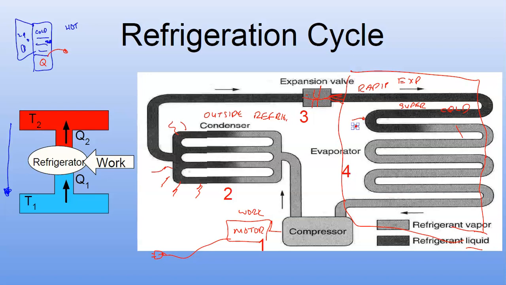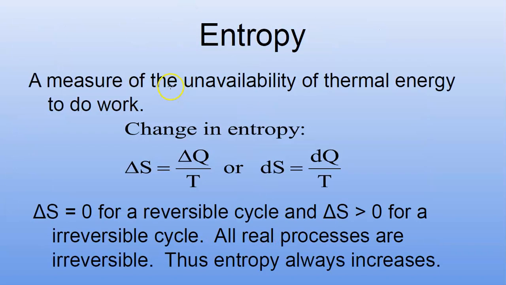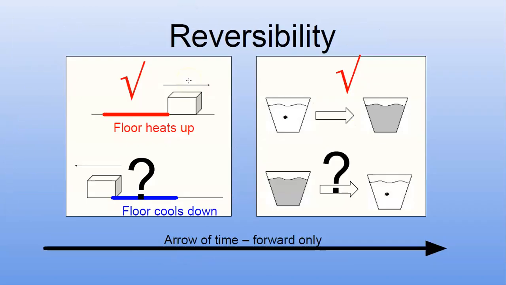I have a couple of things that you probably should see. Let me tell you just real quick about reversibility. You know that if you do some work on a box, if you push a box, then the friction is going to generate some heat, right? I lose some of my force and some of the work that I do, and it turns into friction and the floor heats up.